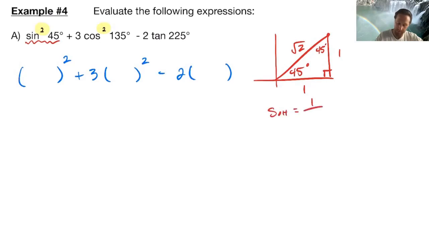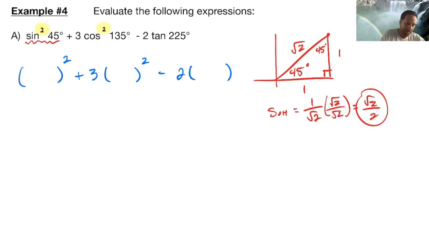So the opposite over the hypotenuse would give me that value, always and for any 45-degree angle for sine. So I can now evaluate what the sine of 45 is. Just don't forget your signs. I mentioned it last time, I'll mention it again and throughout the course. It's positive because we're in quadrant 1. But the other two are not necessarily.